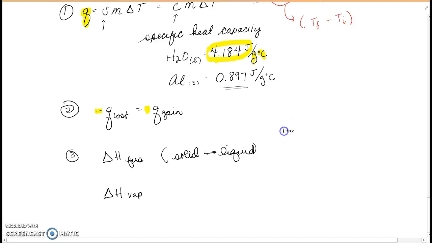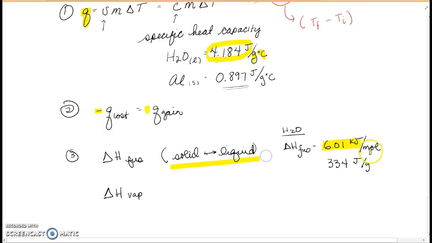And just to give you an idea, the heat of fusion is 6.01 kilojoules per mole, or you might find it in your book as 334 joules per gram. So what that literally means is it takes 6.01 kilojoules of energy to melt a mole of ice, or 6.01 kilojoules of energy is how much energy is released to freeze a mole of liquid water.